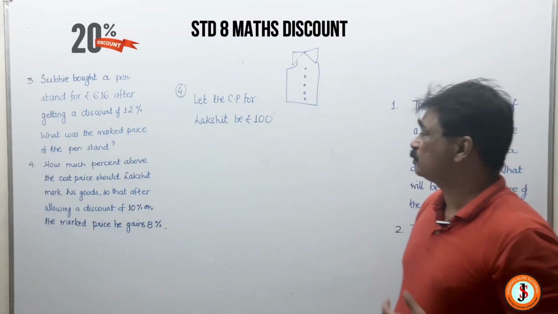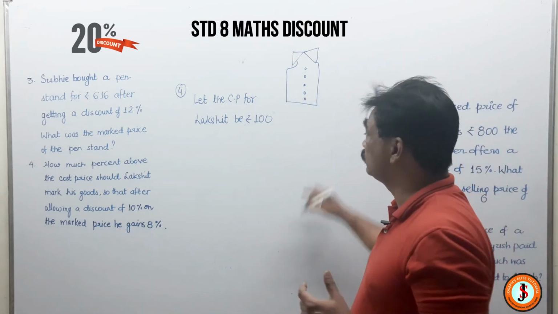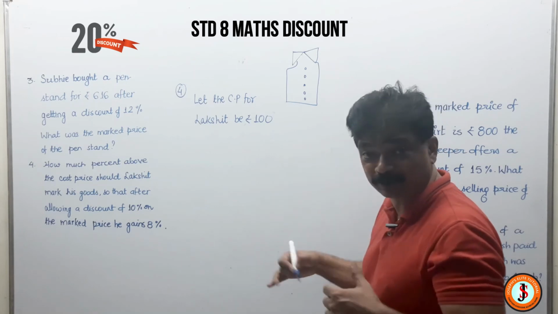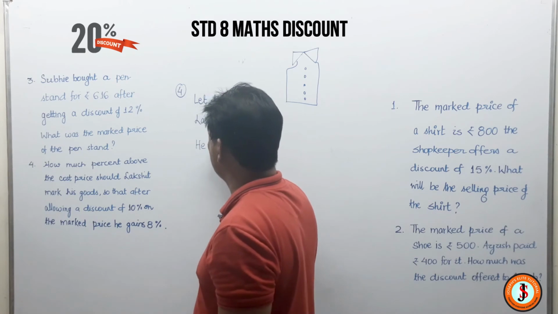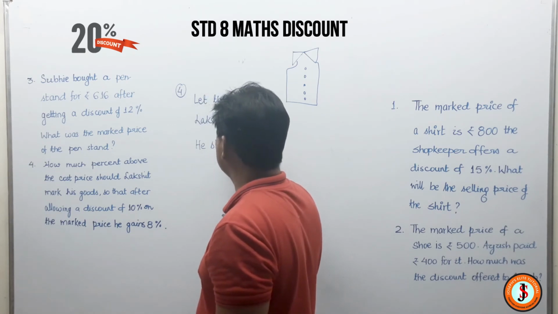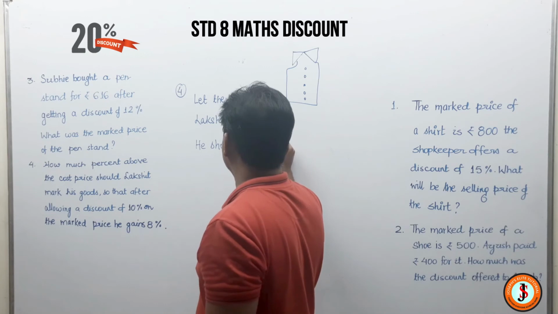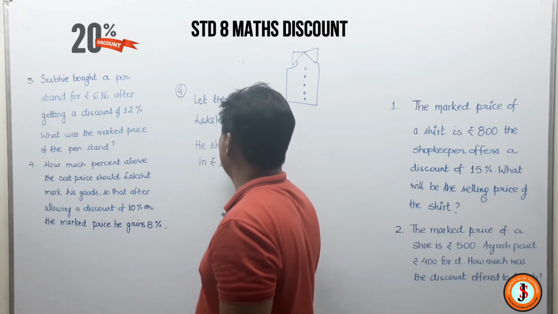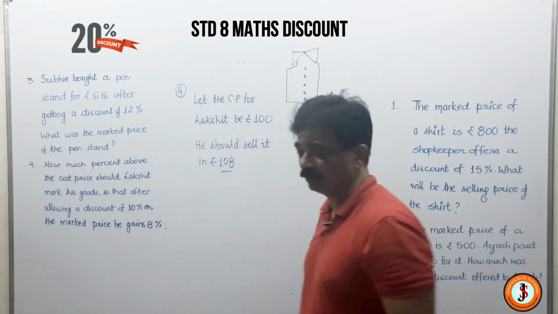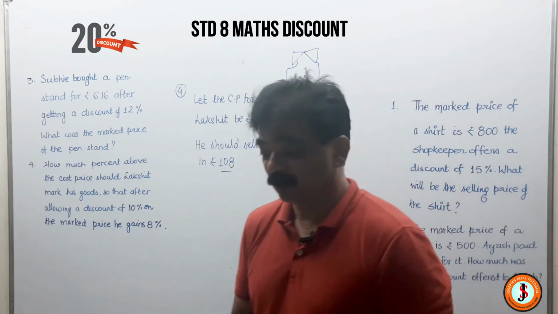So how much should he get back? How much should this shirt be sold for? How much cash after selling should he have in his hand? He should sell it for rupees 108, isn't it? So that he will get 8% profit.